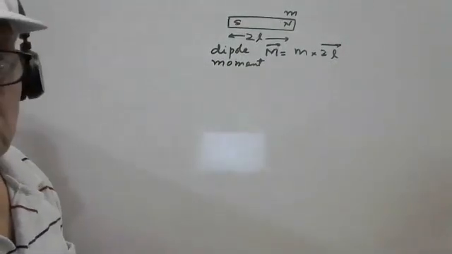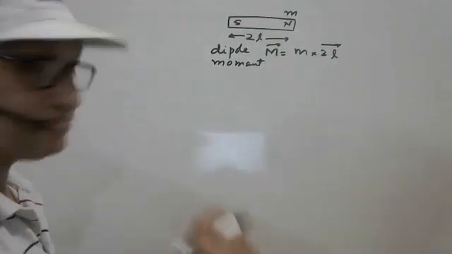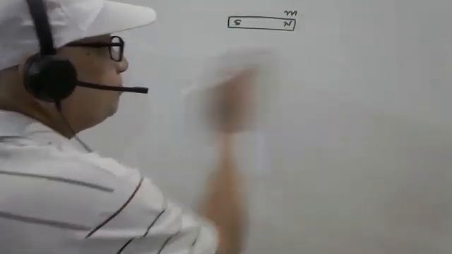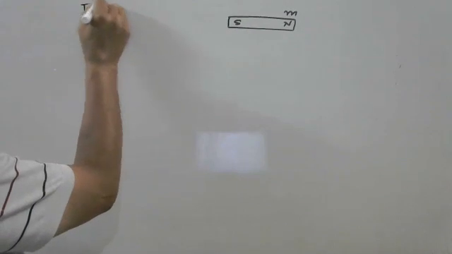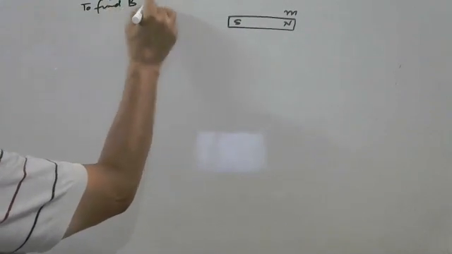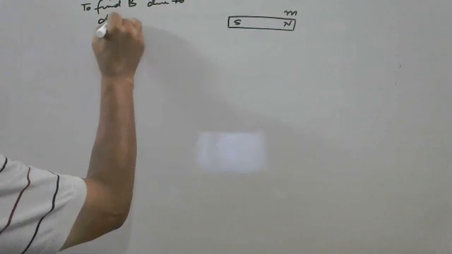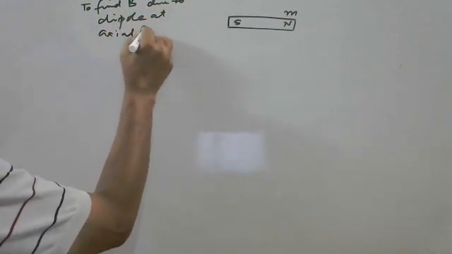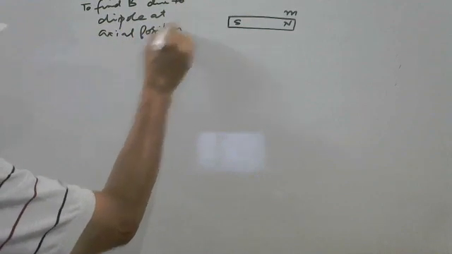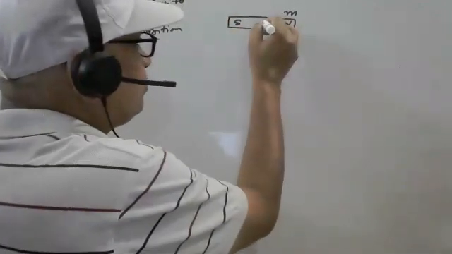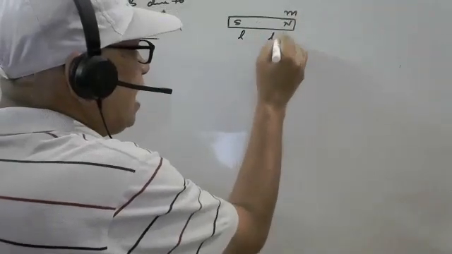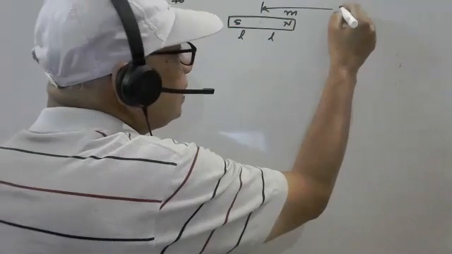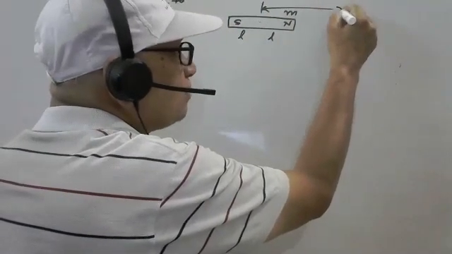Now, at axial position, suppose there is the axial position here. To find the magnetic field due to the dipole at axial position, or end on position, so this length is L, and from the center the distance is say x, suppose.